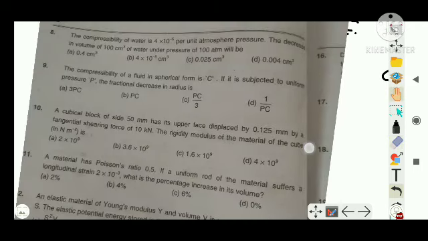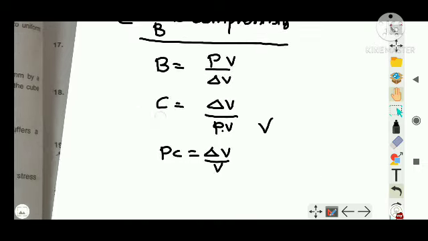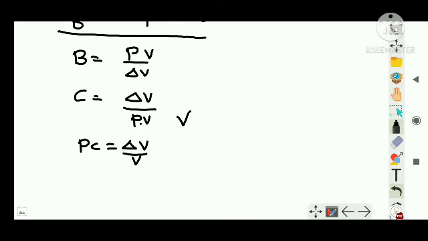Next question is also on compressibility. The compressibility of a fluid in spherical form is C. It is subjected to a uniform pressure P. The fractional decrease in radius, that is, you are asked how much is the fractional reduction in radius. This much clear? So this is something which you have to learn from your first chapter. Why? See, from here you can write PC is equal to delta V by V. That is, PC depends upon change in volume, right?